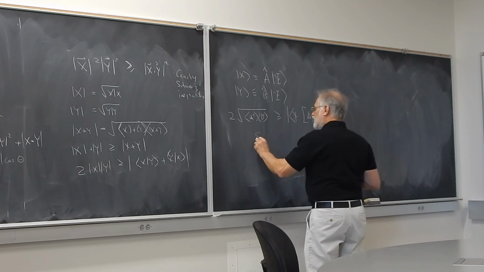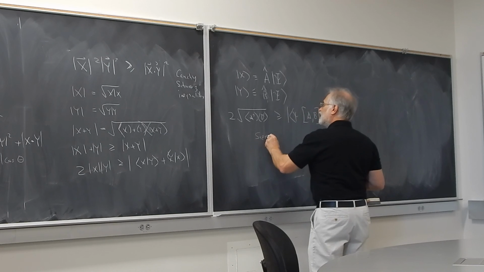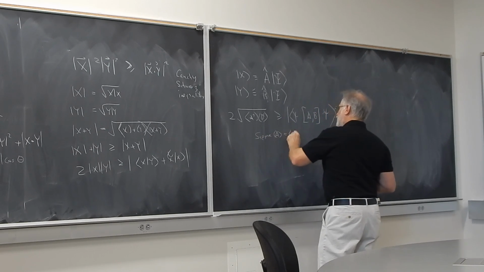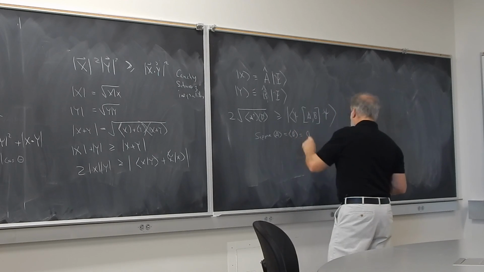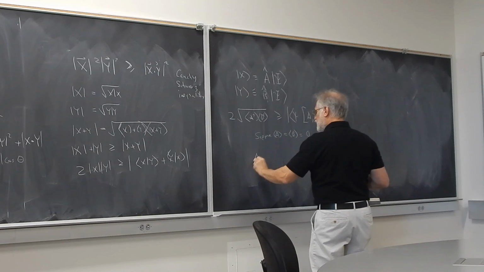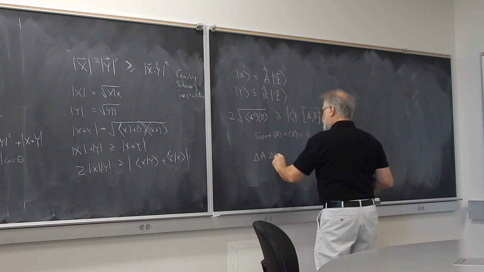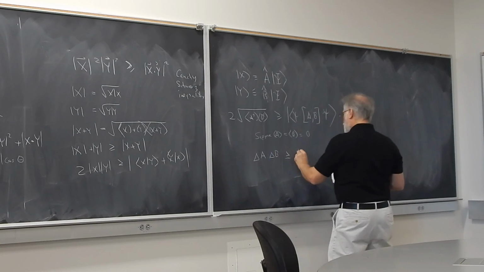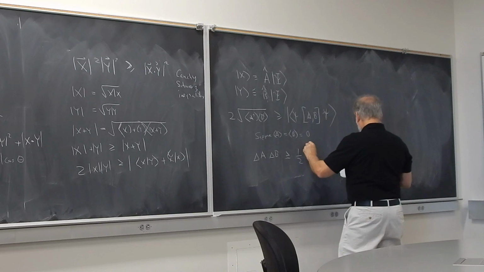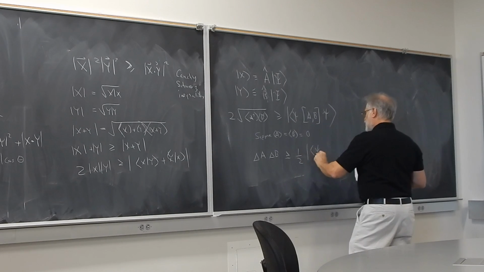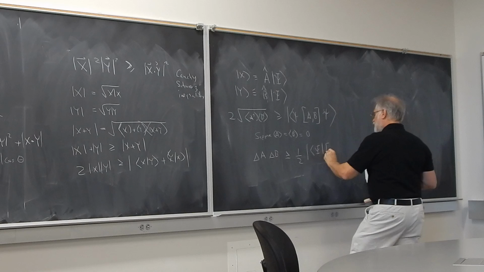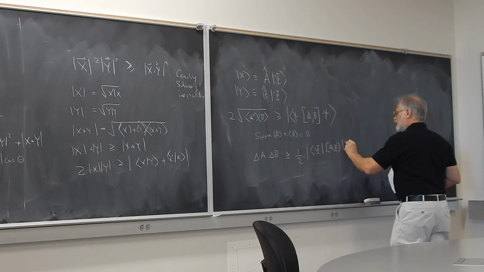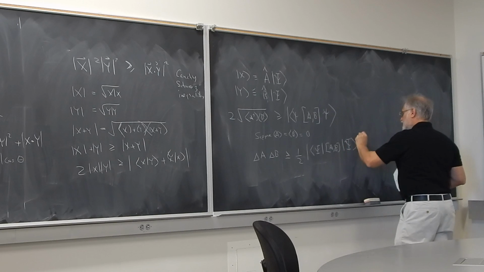And if we supposed that expectation value of A equals expectation value of B equals 0, it's even simpler. We get delta A, delta B is greater than or equal to 1/2 psi commutator A and B psi.